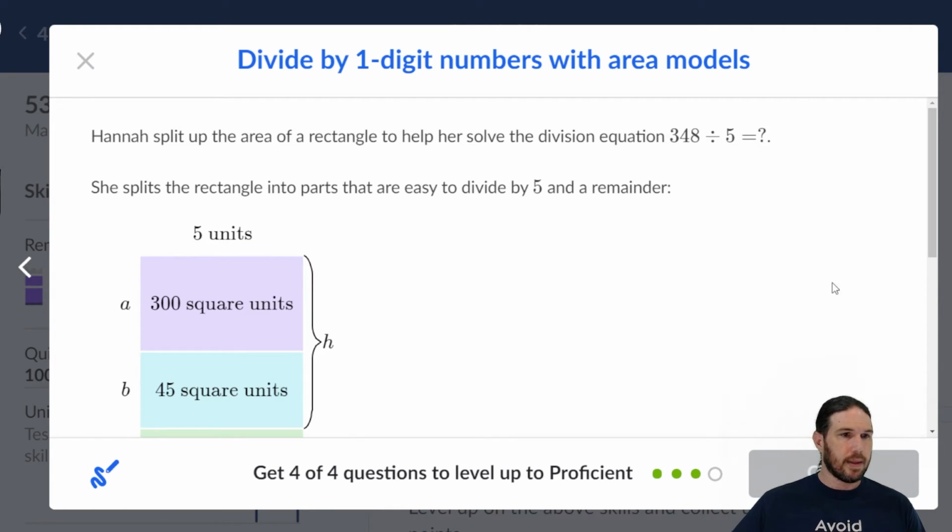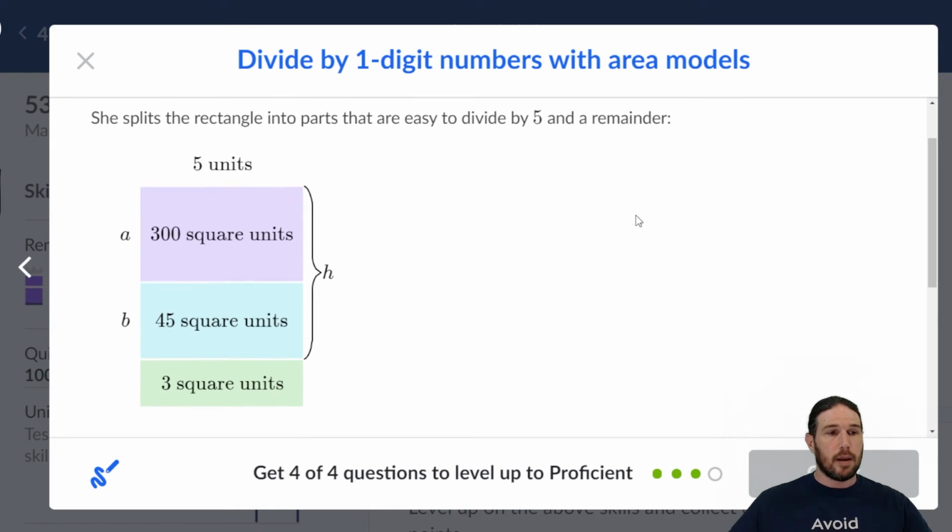One more. Hannah split up the area of a rectangle to help her solve the division equation 348 divided by 5. She split the rectangle into parts that are easy to divide by 5. So once again, 300 divided by 5, well, that gives me 60.